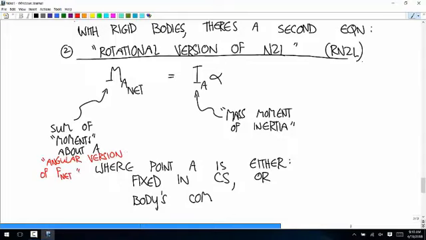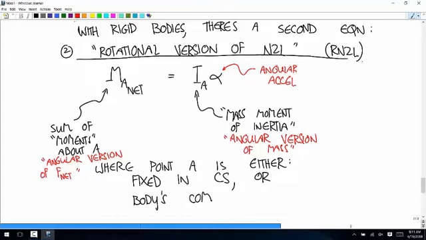The mass moment of inertia is the angular version of the mass. This is obviously an angular version of acceleration. And so this rotational version of Newton's second law has the same format as Newton's second law does. It's just dealing with all angular quantities instead of translational.